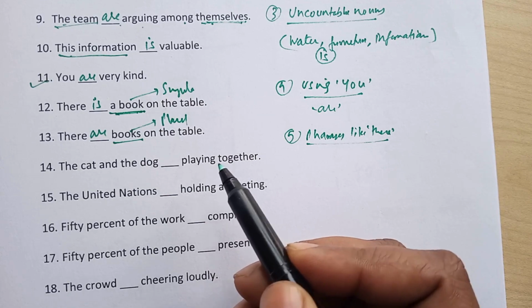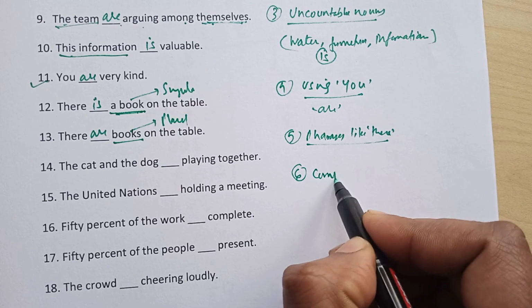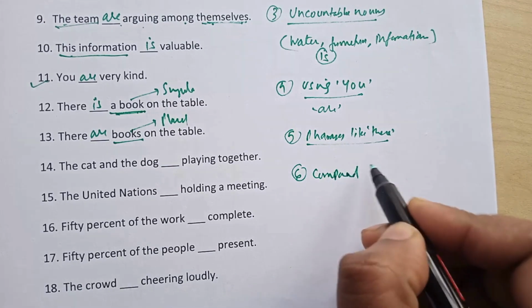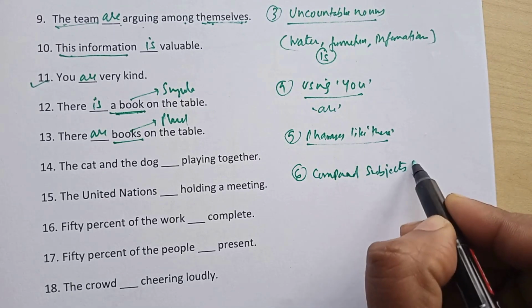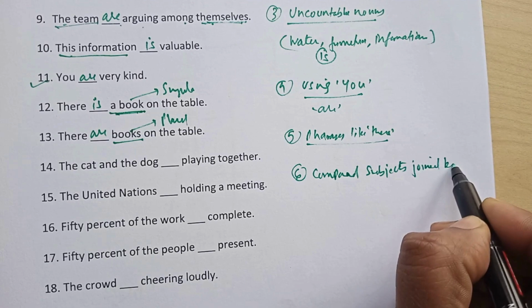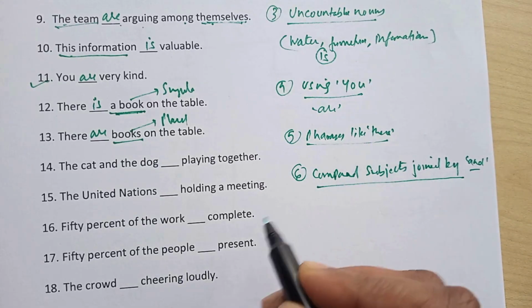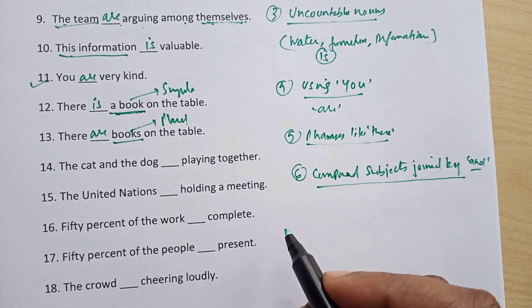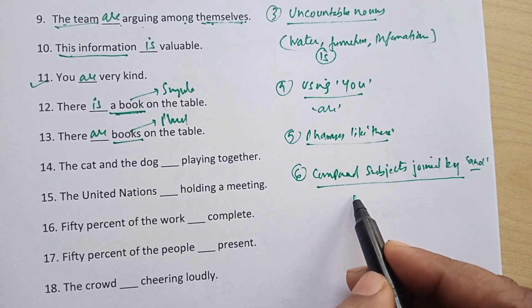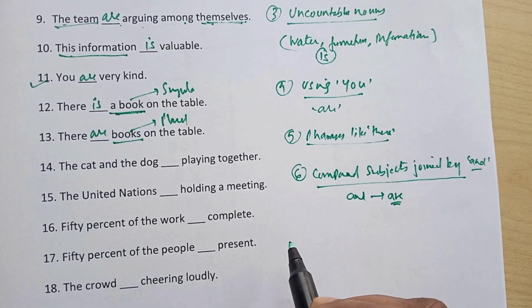This is another case of compound subjects joined by "and." If two singular nouns are joined by "and," we always use "are." You need to remember this.